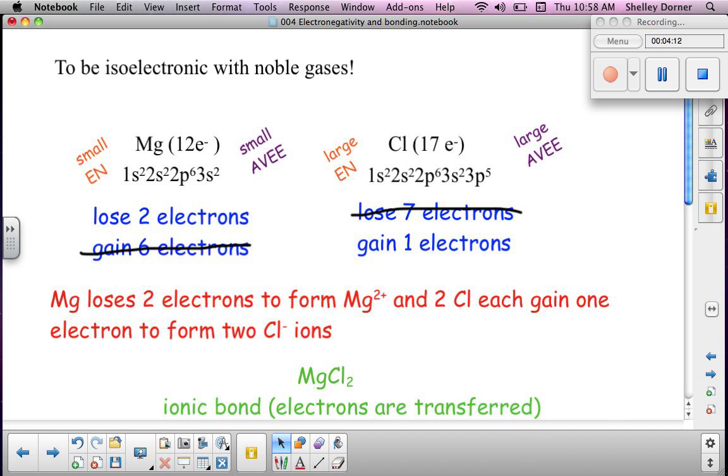The final result here is that we form magnesium chloride, MgCl2, via an ionic bond, which is a situation where electrons are transferred from an element with a small electronegativity to an element with a relatively large electronegativity. In the end, all of the elements end up being isoelectronic with one of the noble gases.